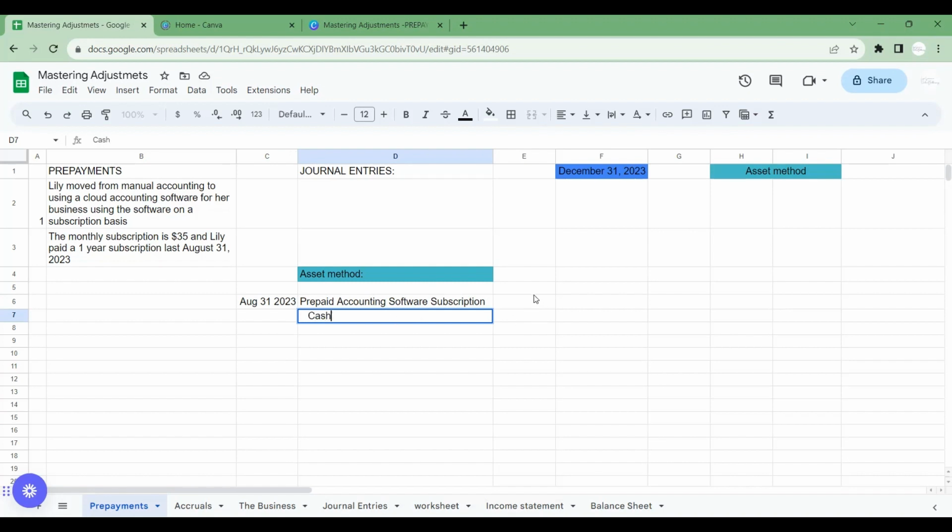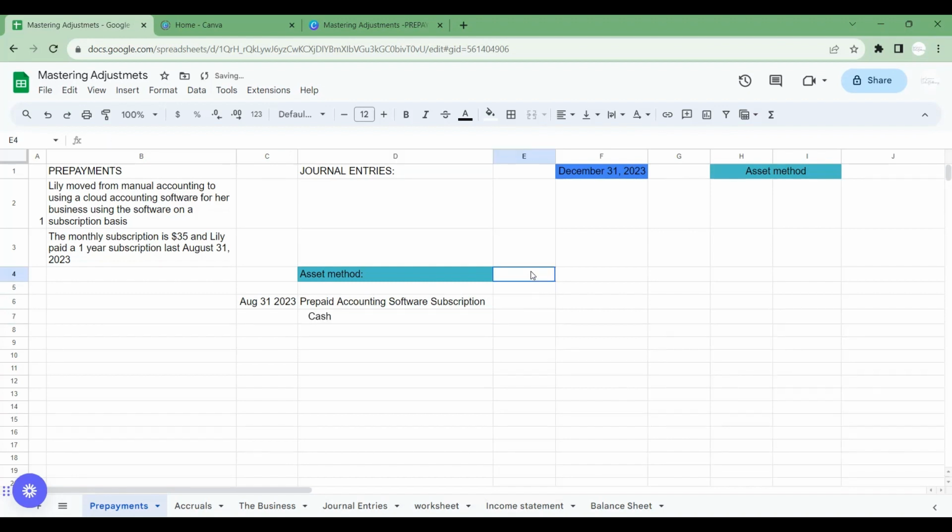That would be $35 times 12, which is 420.